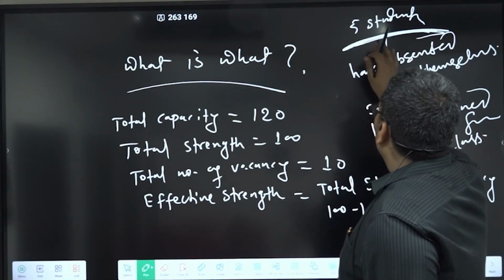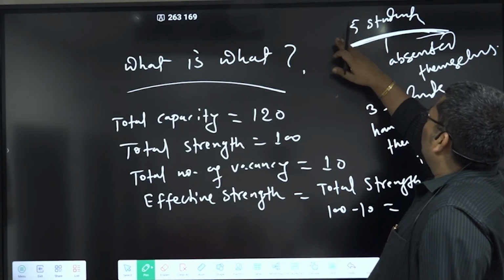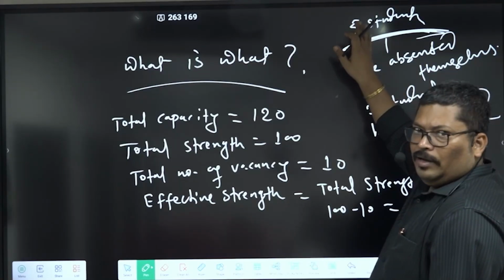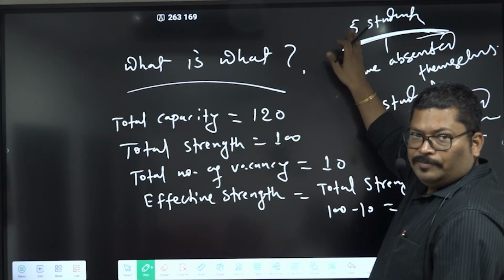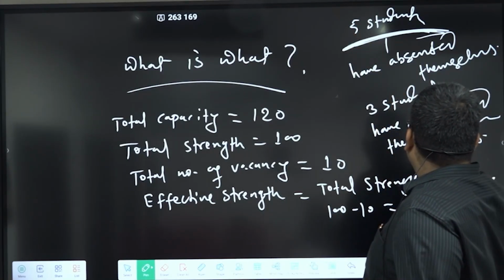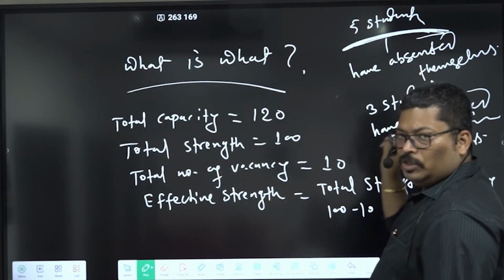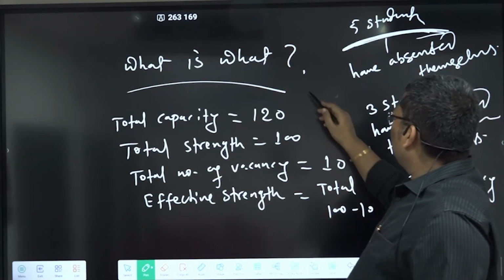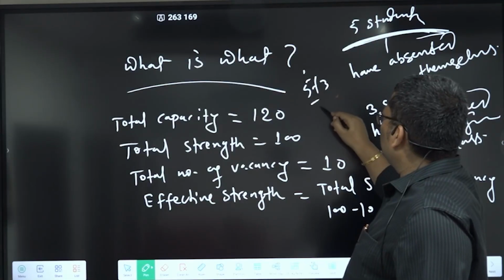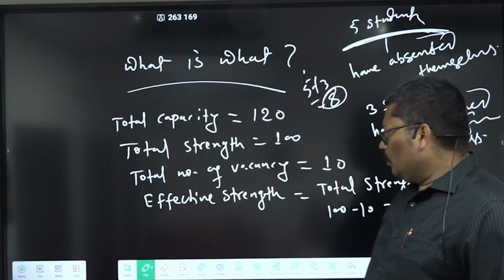See, there is an absenteeism of 5 students, and you know how many students are abstainees? 3 students are abstainees. So 5 plus 3, that is 8.